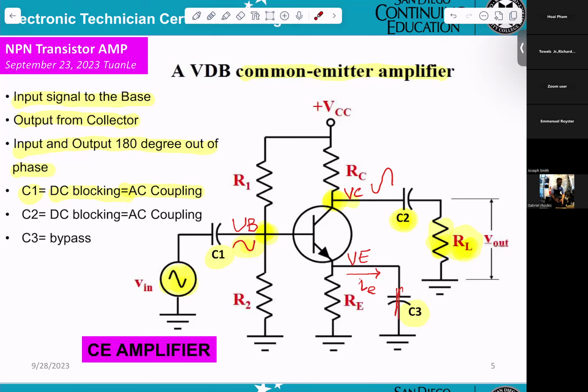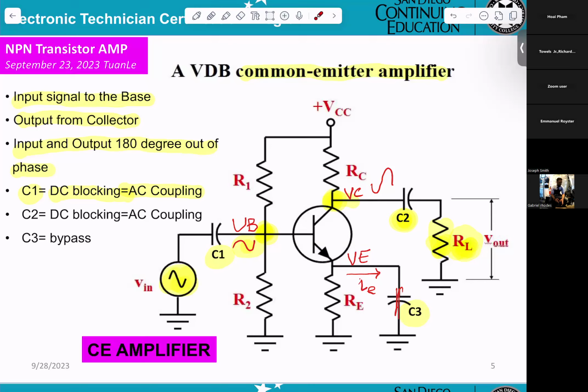Okay? And the last capacitor here, C3. C3 will be a bypass capacitor. Now, what does that mean? That means at the emitter here, you get a DC and you get an AC.